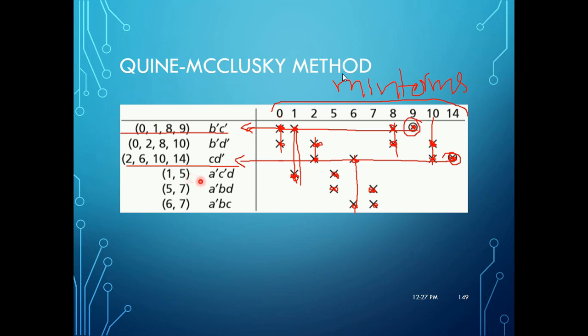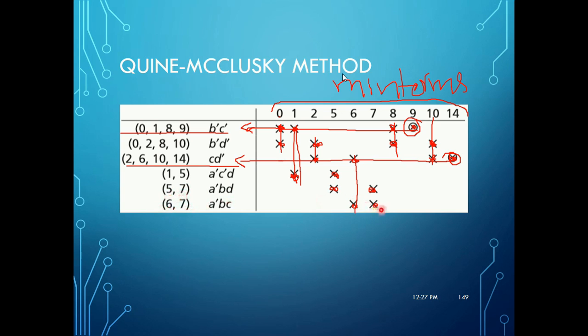Okay. So now which are remaining? 5 and 7. 5 and 7 min terms are remaining to be included in the final expression. So what you have to do is choose 5, 7. Why? Because see, 6, 7 is also here.